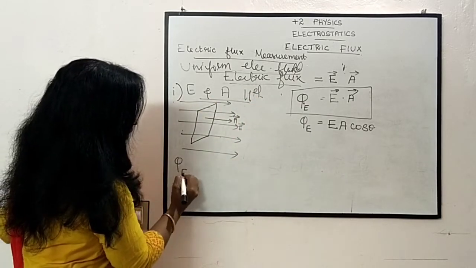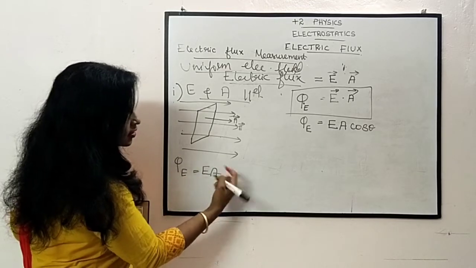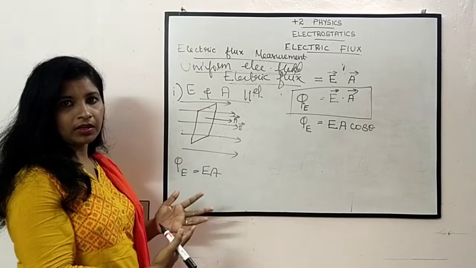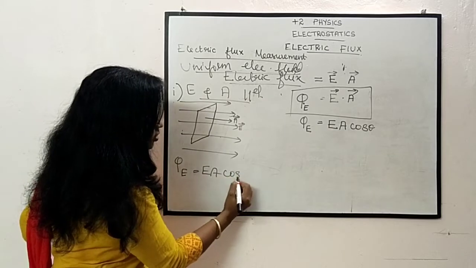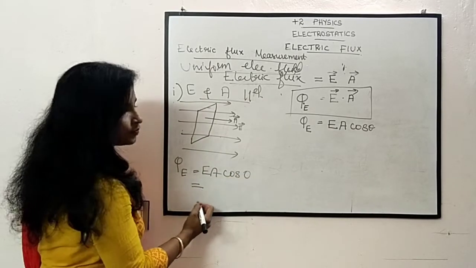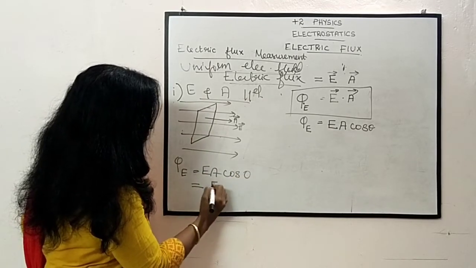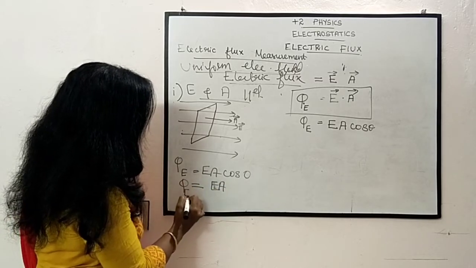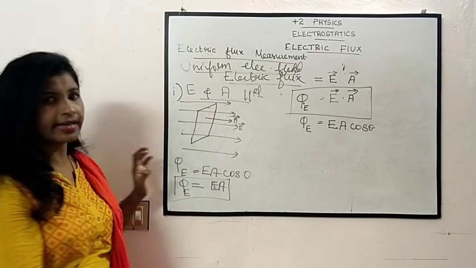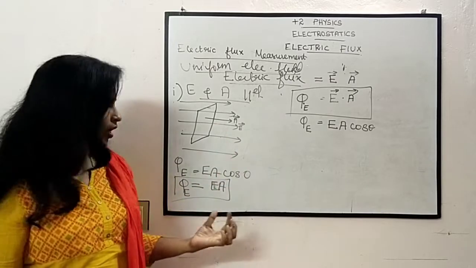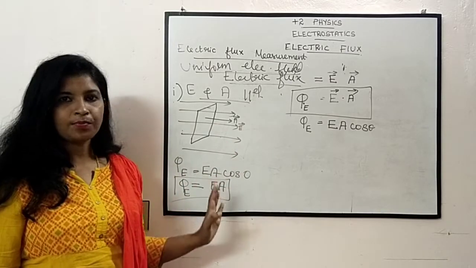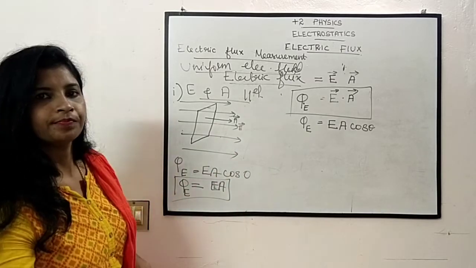For this case, phi E is equal to EA cos 0, because there is no angle between these two. What is cos 0? 1. So this becomes EA. When the flat surface is placed perpendicular to the electric field, the electric flux will be simply EA.